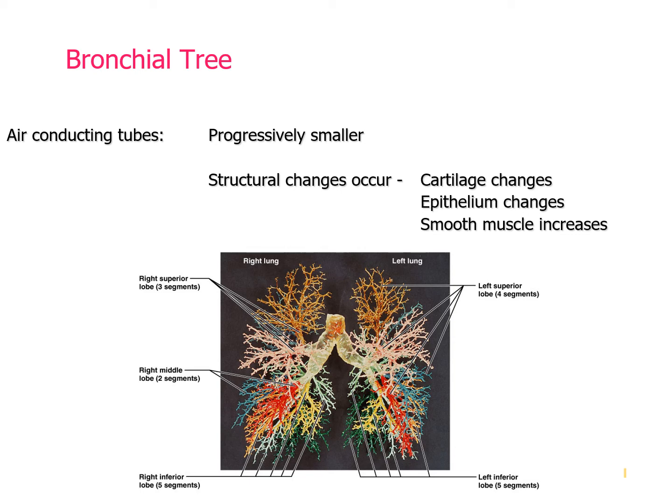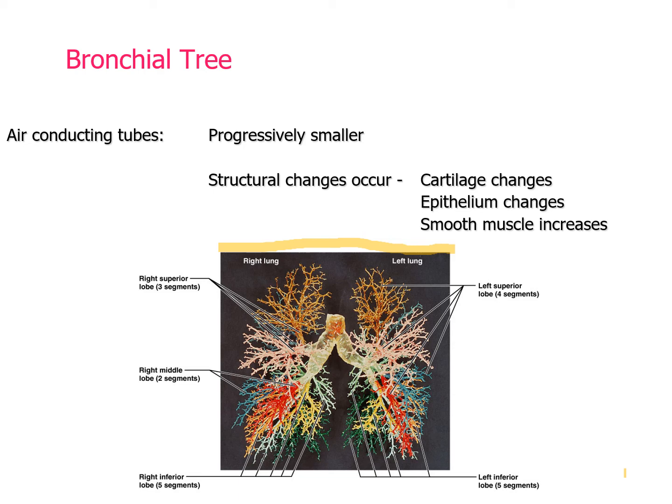And you can see that from this model here. What they've done here is they've injected a different colored latex into the bronchi and bronchioles. Lobes are further divided into segments.